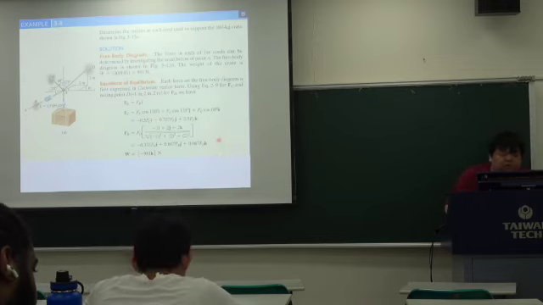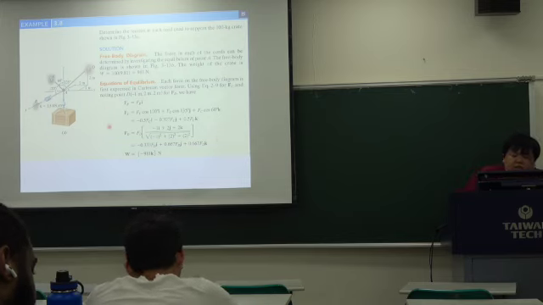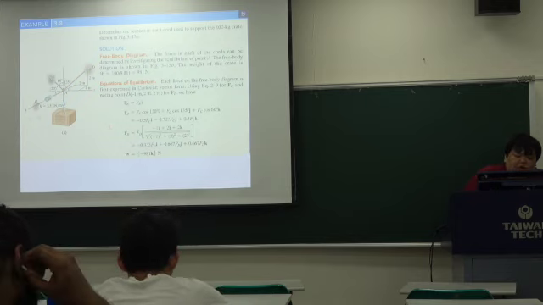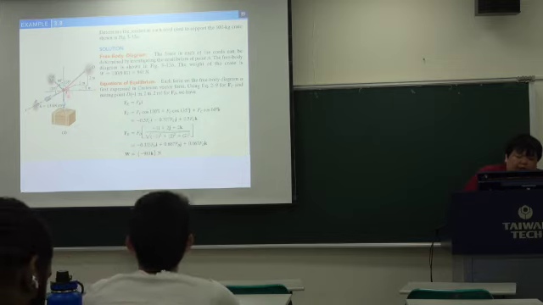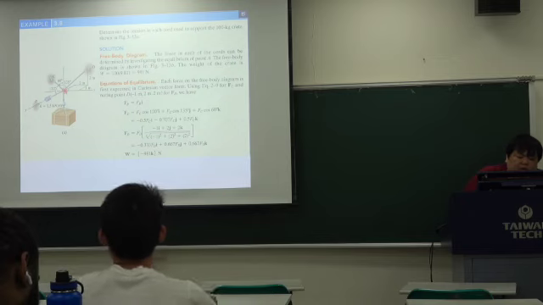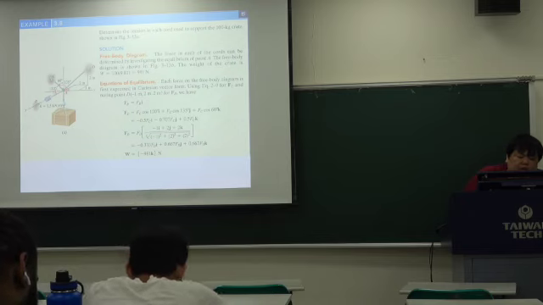In this example, determine the tension in each cord used to support the 100 kilogram, shown in this figure. So we set the origin at point A, and we have the 1, 2, 3, 4.